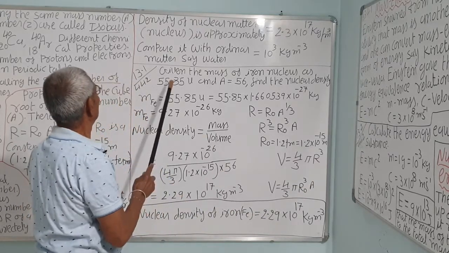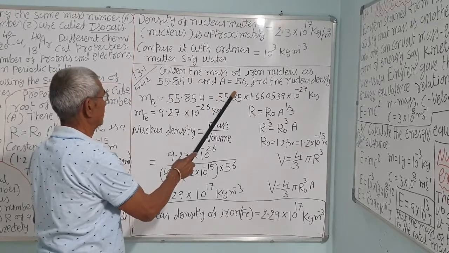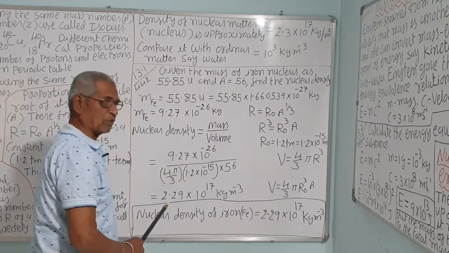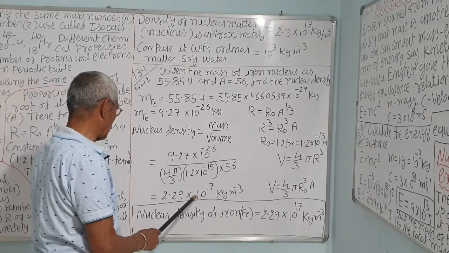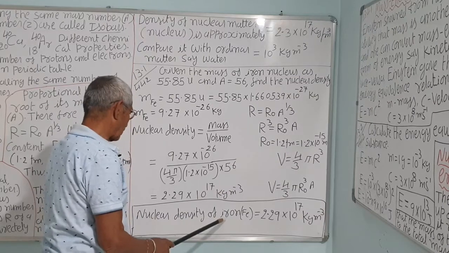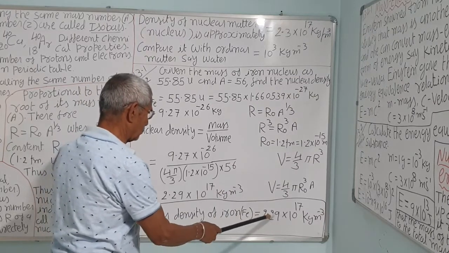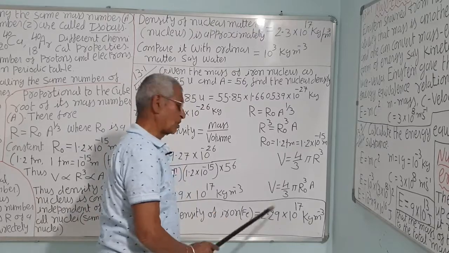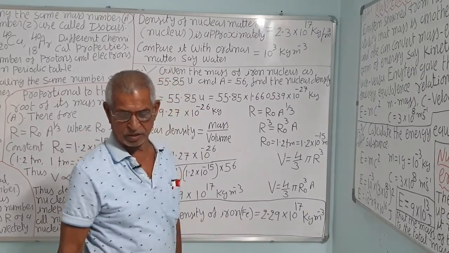Iron has 56, correct? It is given. So that is equal to 2.29, approximately you can say 2.3, into 10 raised to power 17 kg per meter cube. Nuclear density of iron is equal to 2.29 into 10 raised to 17 kg per meter cube. You can compare it with the neutron star's density, almost the same.